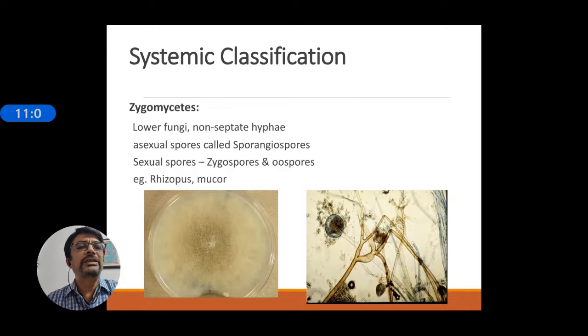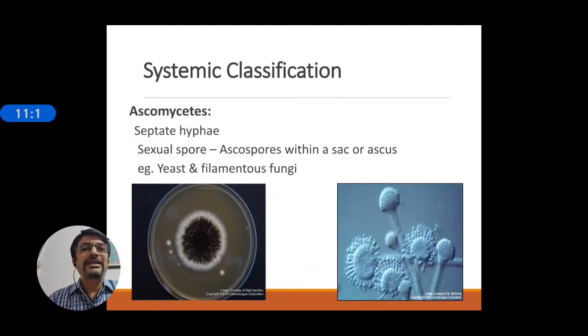You will see the plate having colonies, the microscopic feature as well as the plate on which you can see the filamentous colonies. The second class is ascomycetes. Here in sexual reproduction, a sac-like structure is formed, known as the ascus, and inside that there are sexual spores known as ascospores.